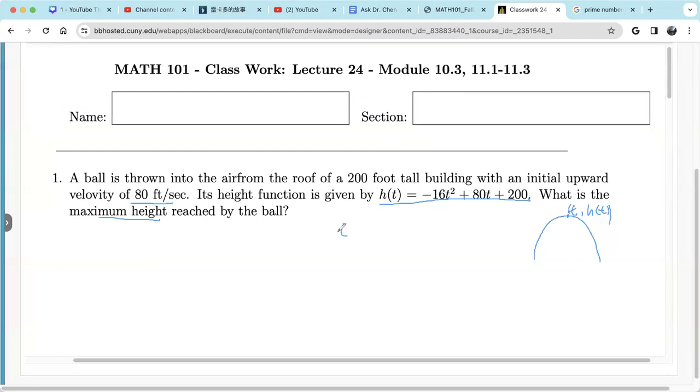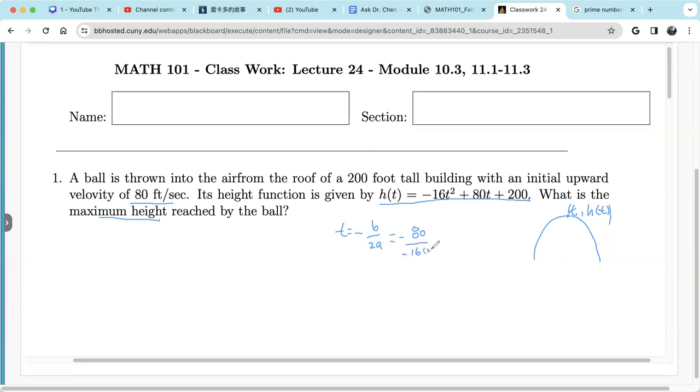Remember, the formula for finding the vertex, and the variable here is t, is t equals negative b over 2a. b is the number before the variable t, which is 80. And a is the number before t squared, so negative 16.